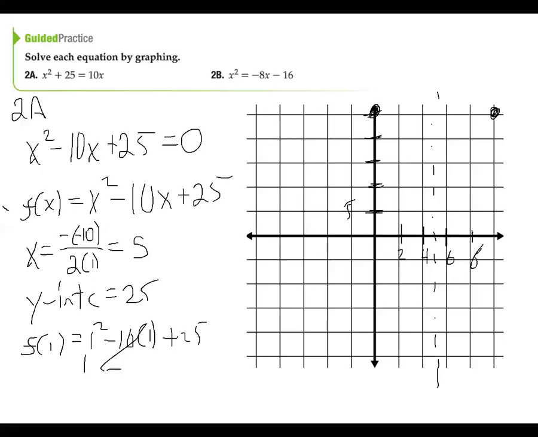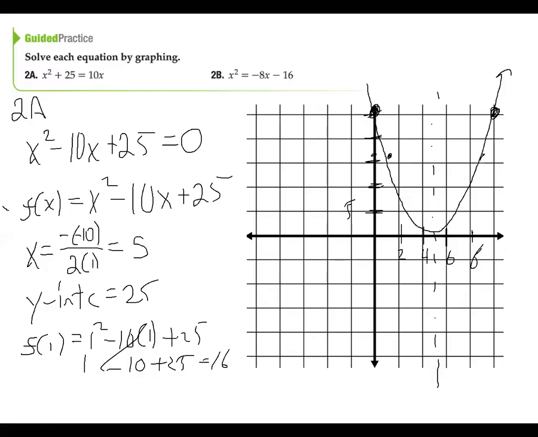So that's going to be 1 minus 10 plus 25. So that's 16. 5, 10, 15. 16 would be right there. And then on the other side, right there. All right, and when you graph it, you get that point.